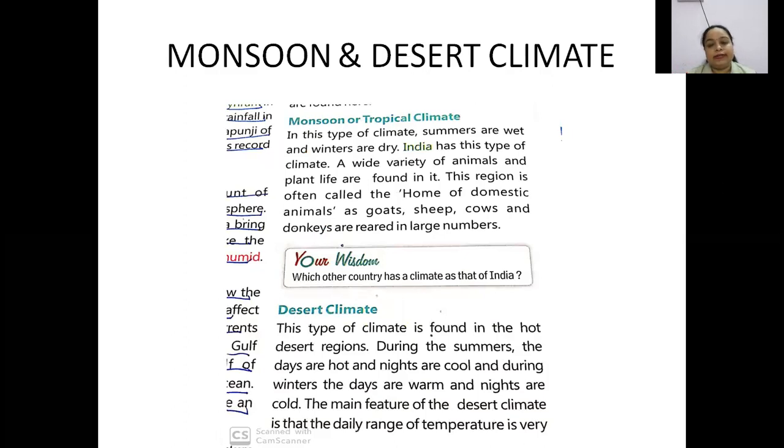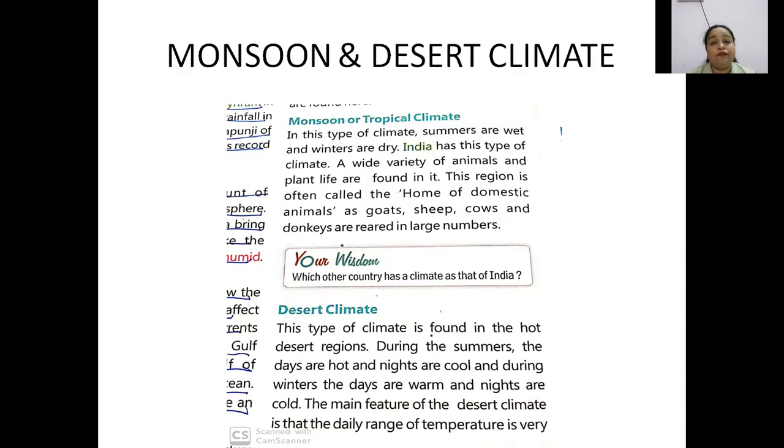Now, the next important thing is monsoon and desert climate. First, we will study about the monsoon climate. We will study about India. Monsoon or tropical climate: in this type of climate, summers are wet and winters are dry. In India, summers are wet because, when the summer ends, the rainfall will be there, but winters are dry.